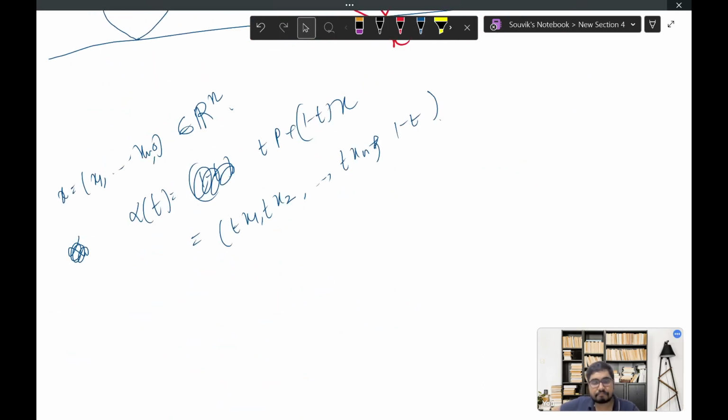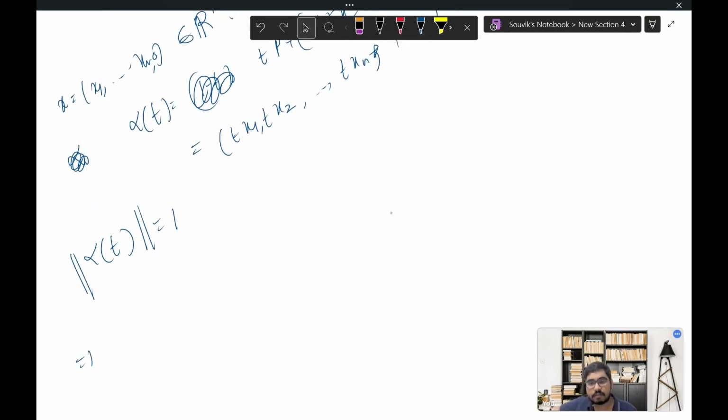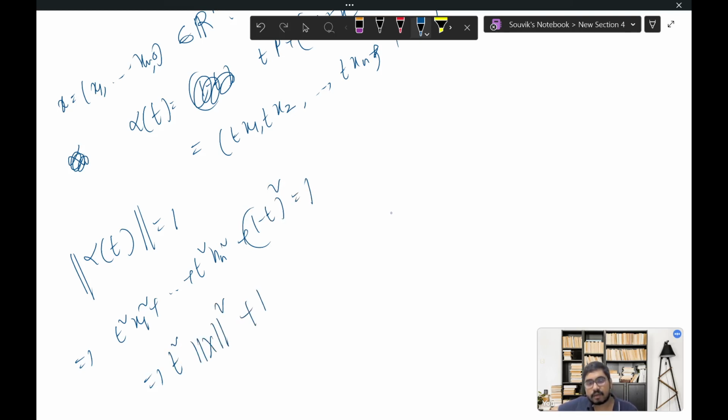Now we need to check where this intersects Sn. So we need to find at which t this norm is 1. So this implies t square x1 square plus ... Okay, so this implies t square norm x square plus (1 minus t) whole square is equal to 1.